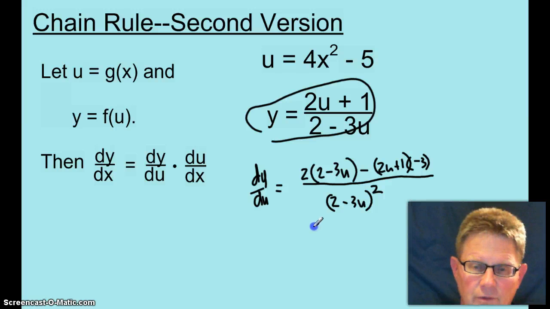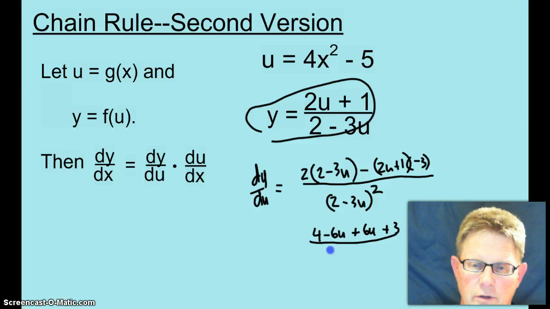Let's go ahead and clean this up if we can. Alright, so you've got 4 minus 6u. Distribute the negative 3, and that would be plus 6u plus 3, all over 2 minus 3u quantity squared. dy/du equals 7 over 2 minus 3u quantity squared.